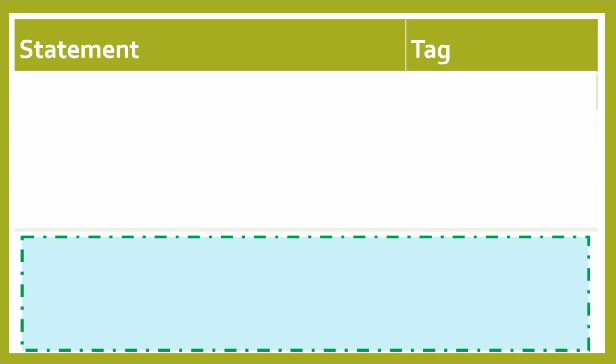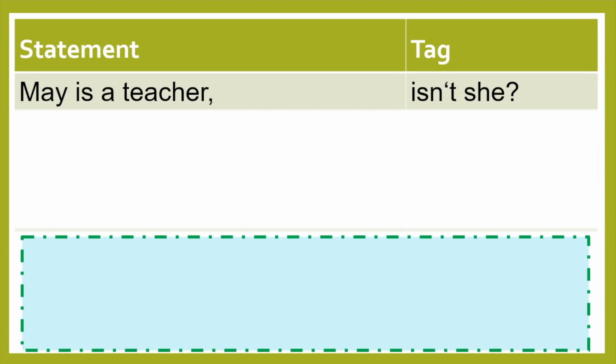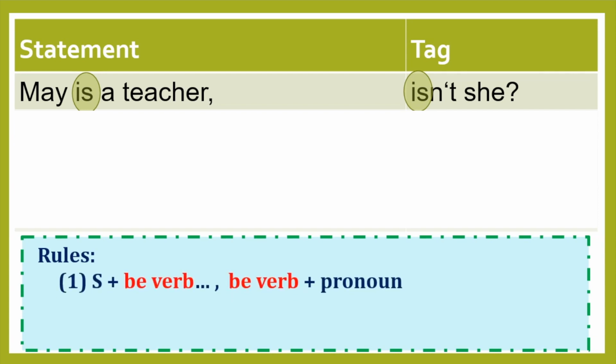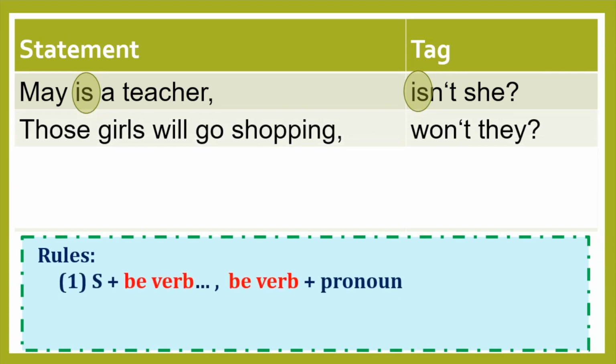Tag questions use the same verb as the main part of the sentence. If this is a be verb, then the tag question is made with the be verb. If this is a helper verb, then the tag question is made with the helper verb.